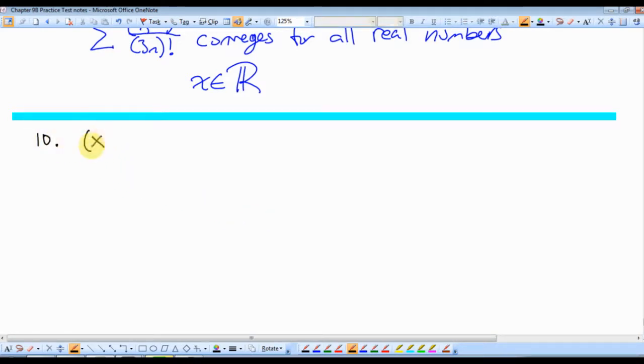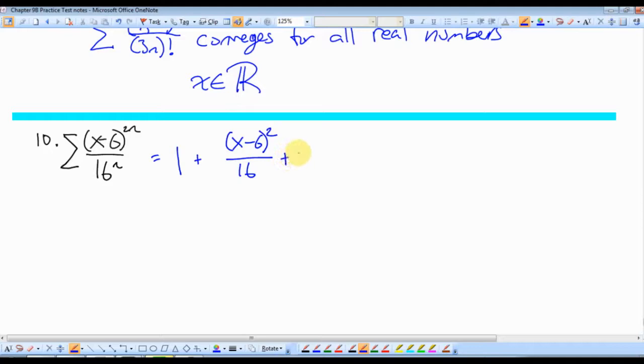We got x minus 6 to the 2n on top of 16 to the n. I don't know if you recognize this, but this is geometric. To help you see that, we're going to substitute 0. If I substitute 0, I get 1. If I substitute 1, I get x minus 6 squared on top of 16.